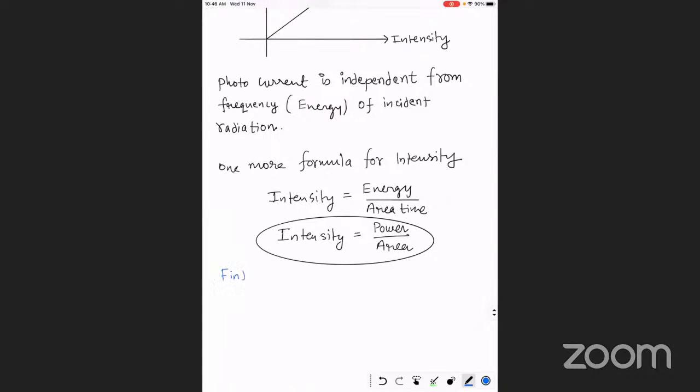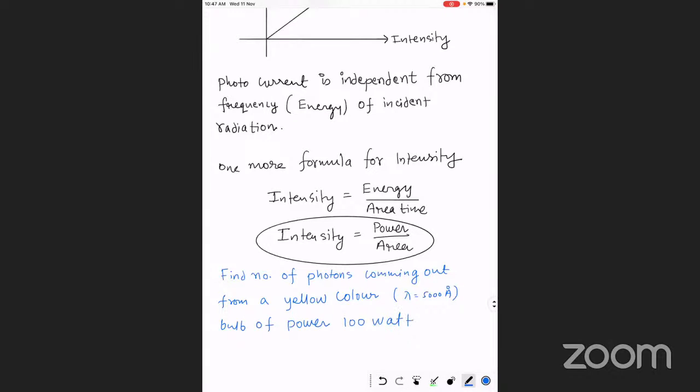Find the number of photons coming out from a yellow color bulb of power 100 watt. Find number of photons coming out per second. Okay, can you try this question?